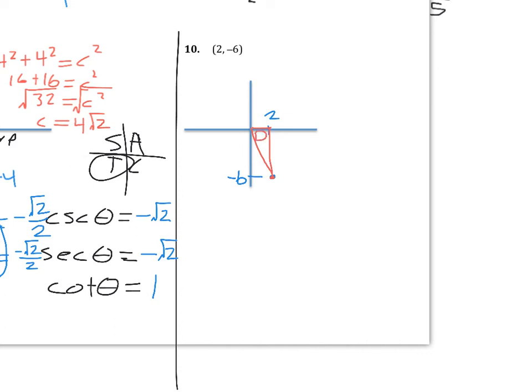Theta is near the origin, and find the 3 sides. So this was 2, this is 6, Pythagorean theorem, 2 squared plus 6 squared equals our hypotenuse squared, 4 plus 36. So c squared equals 40.